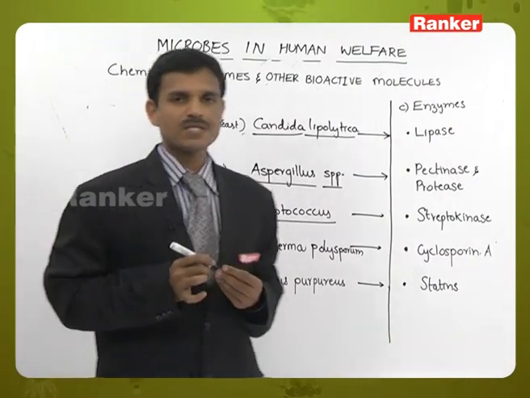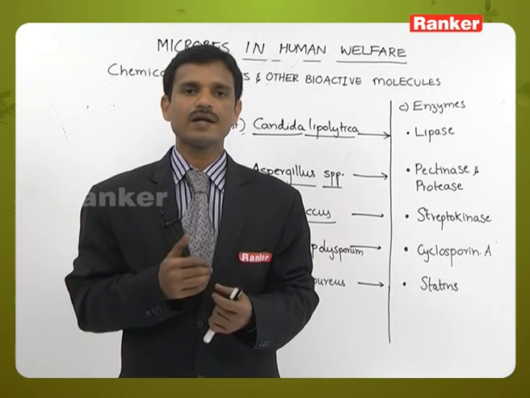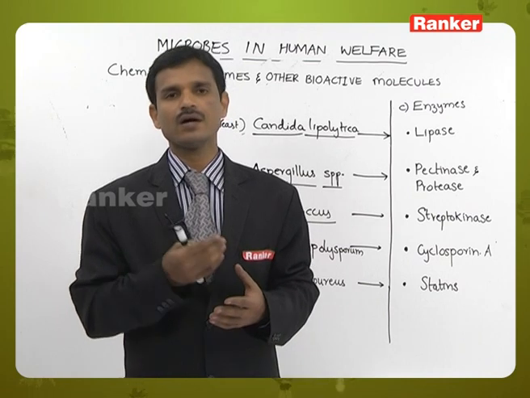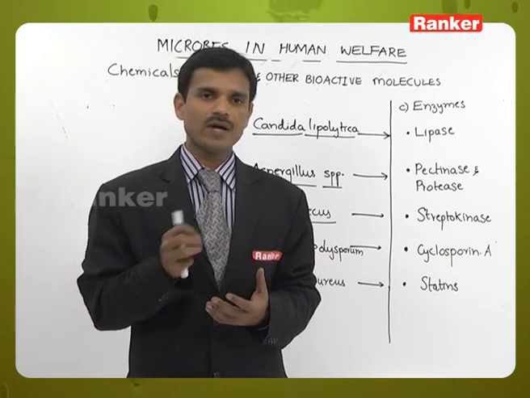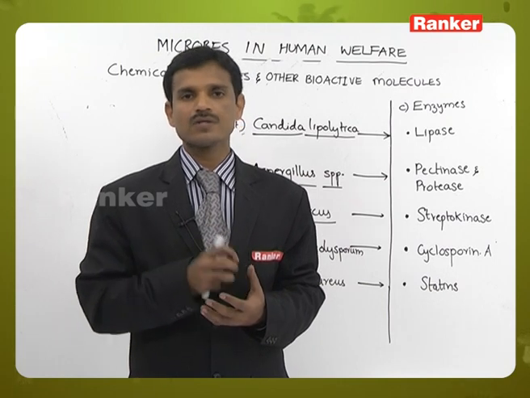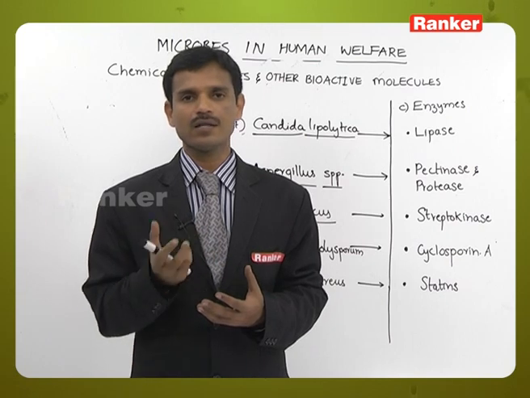So, what is an immunosuppressive agent? Sometimes in organ transplantation, kidney or liver, any organ is transplanted from one human being to another human being. The body cannot accept other organs.